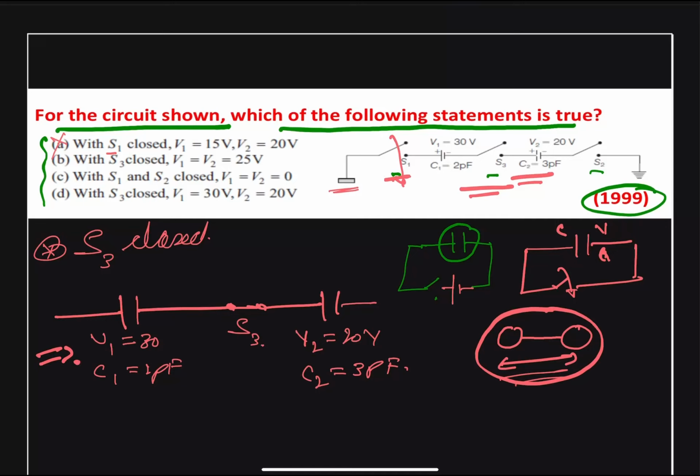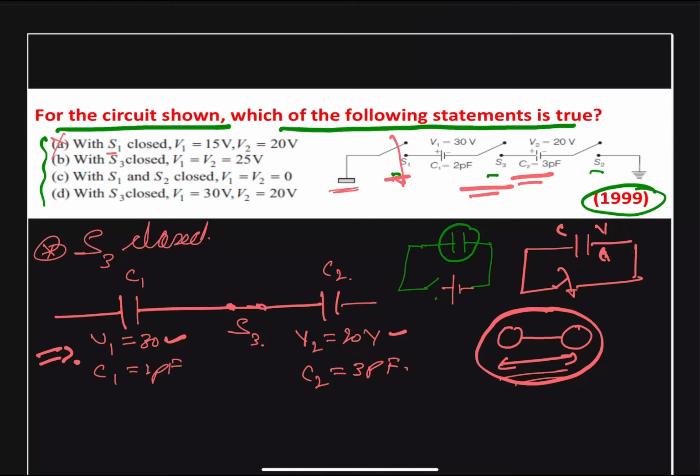So if we look, we can see that our V1 is 30 volt and V2 is 20 volt. So there is a potential difference between the two of 10 volt. So ideally we think that there might be some charge transfer, and let us call this C1 and C2.